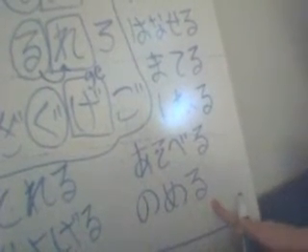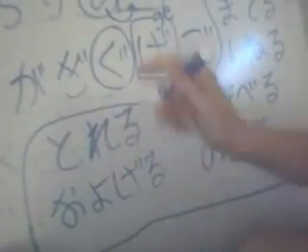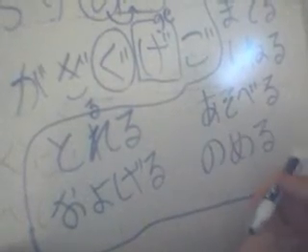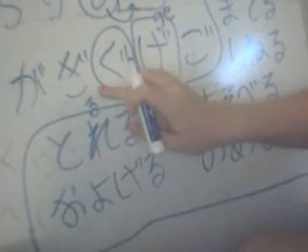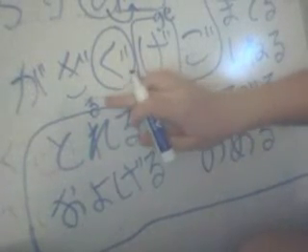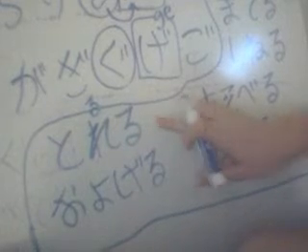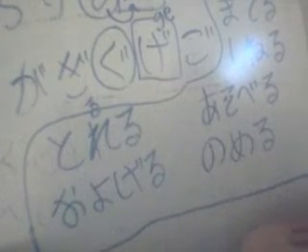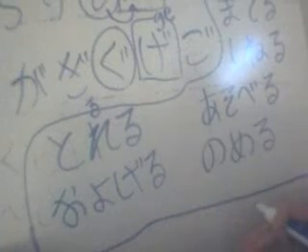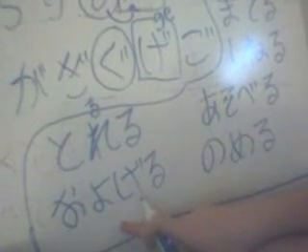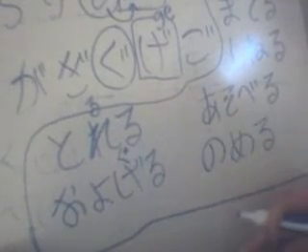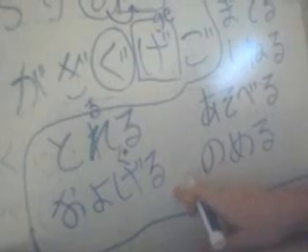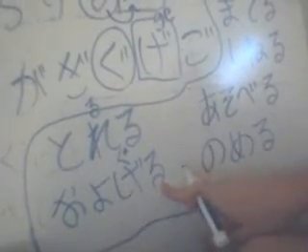Nomeru, can drink. Toreru, toru means to take, like take a picture or take something. So it used to be toru, and then we changed ru into re and we added ru. So toreru, can take. Here's oyogu. It used to be gu, but we changed it to ge and we added ru. So oyogeru.